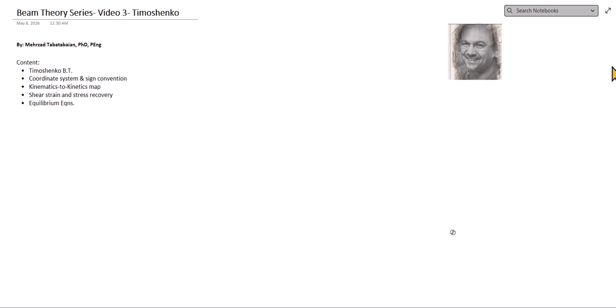Before doing that, I would like to make quick comments on the previous beam theory that we had.